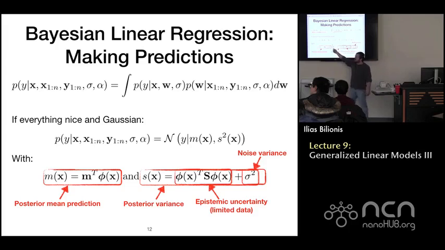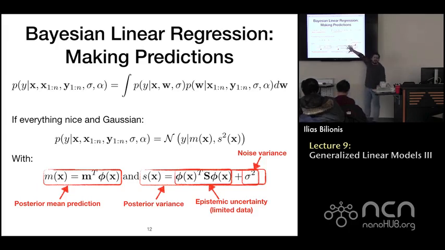It's basically your basis functions dotted with the mean of the posterior of the weights, and then the variance turns out to be that. Okay, so this is like your predictive mean, and this is your uncertainty.